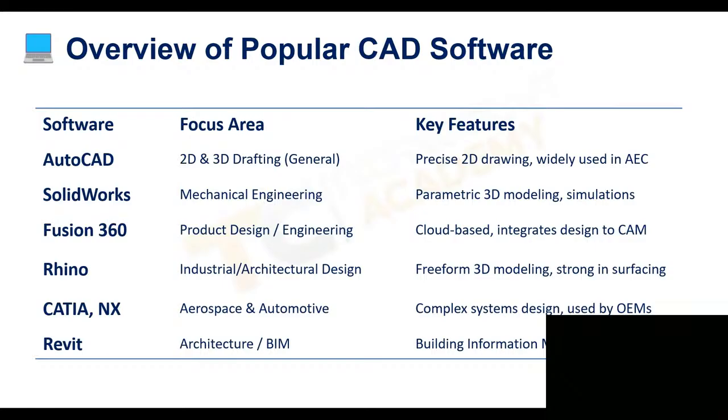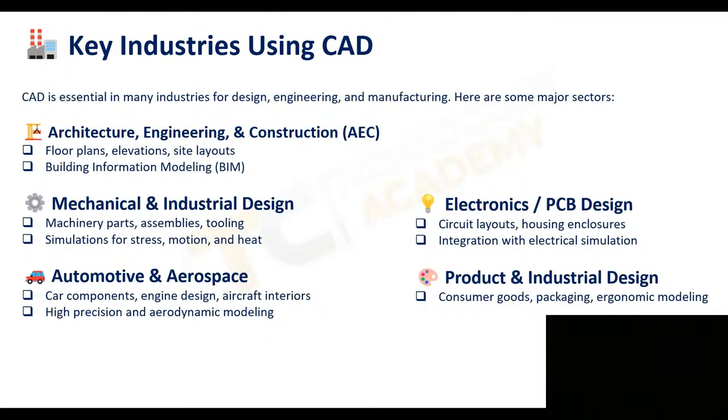We had already seen SolidWorks, which is booming in the current market, and all the medium scale and small scale industries are completely getting into SolidWorks, and along with that, Fusion 360 and even Dassault Systems platforms are also available. We already saw the key industries and where we use the CAD tools, and we mostly saw that we are currently in the market of mechanical and industrial design. We had already seen how exactly we are using it and what things we do there.